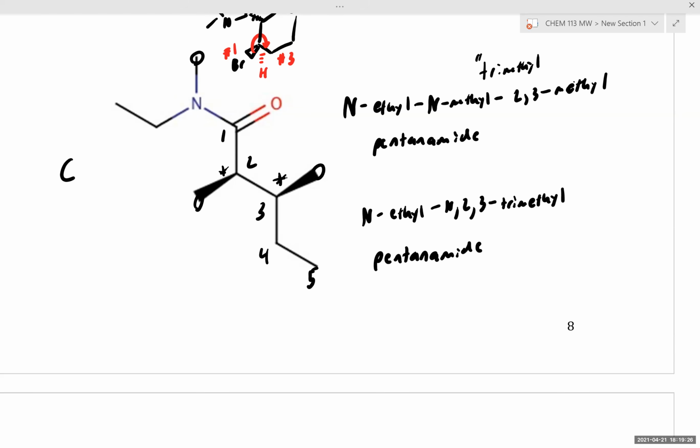Let's take a few minutes to work through that. Are there any questions that I can address as we work through this example? Would anyone like to share their proposed stereochemical assignments for these 2 stereocenters? That would help us complete this problem.